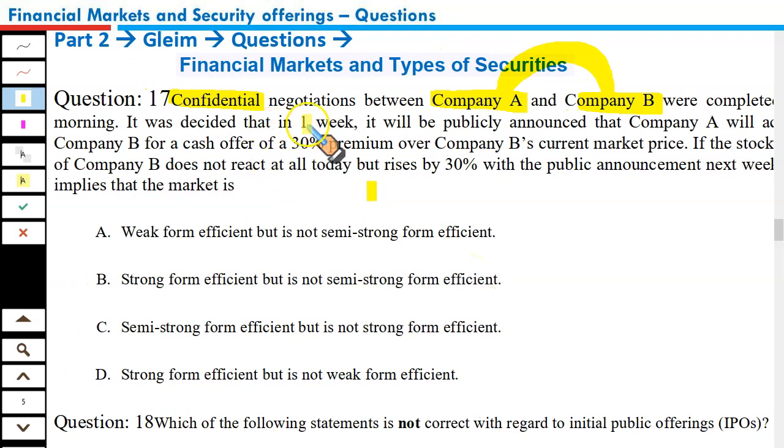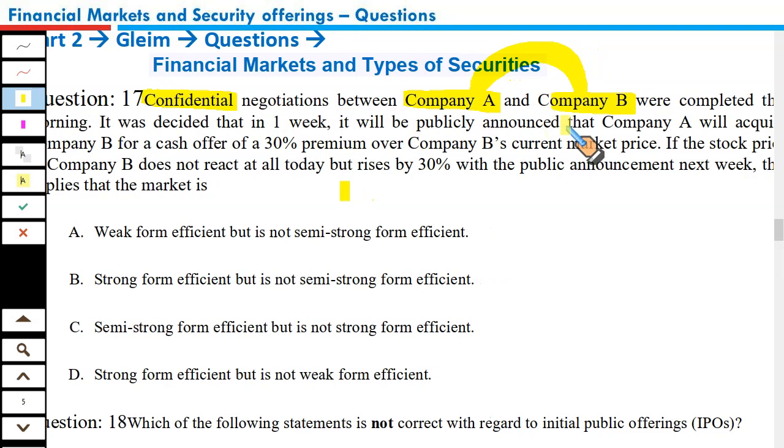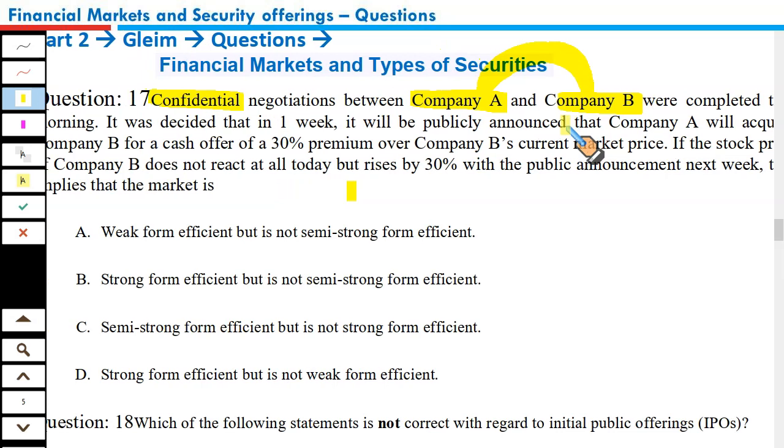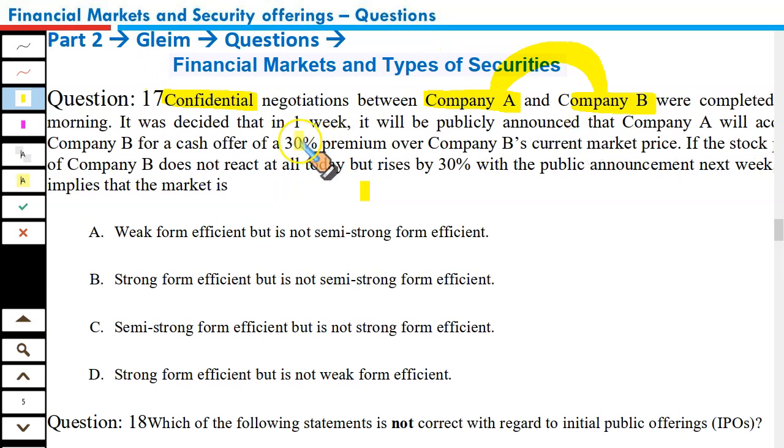It was decided that in one week it will be publicly announced that company A will acquire company B for a cash offer at a 30% premium over company B's current market price. Now this is a very interesting question. There is some confidential negotiation between A and B. A is going to acquire B for a price 30% above the market price.